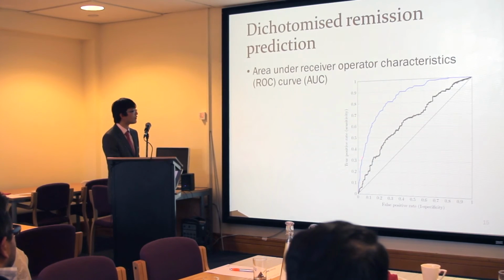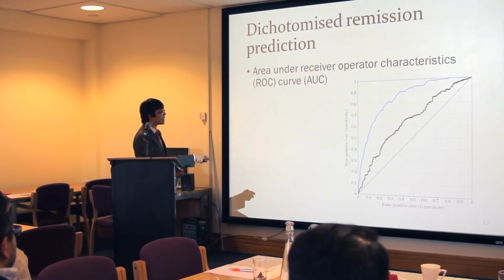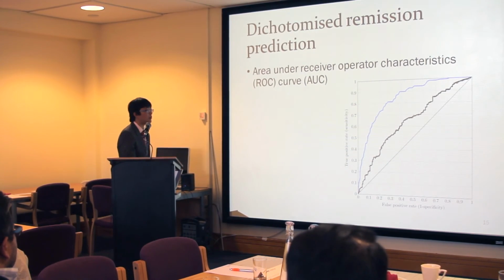So you can trade off between true positive and false positive cases, and anywhere along this line, you can generate a model with that performance.